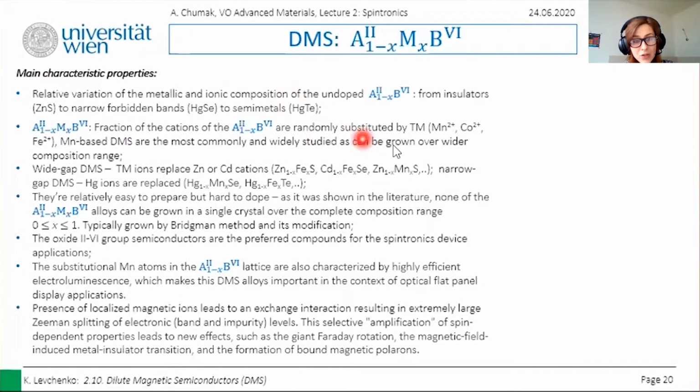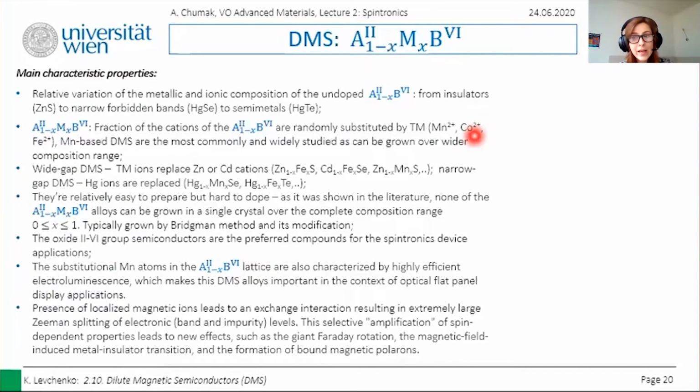And the transition metal could be manganese or cobalt or iron. Usually the manganese-based are the most intensively and widely studied, not only for the II-VI, but generally for III-V and IV-VI as well, because they allow for quite a nice composition range and produce the best materials in the end.